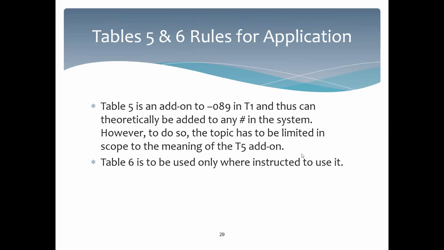Table 5 is an add-on to the 089 category of Table 1, and theoretically it can be added to any number in the system. However, to do so, the topic has to be limited in scope to the meaning of this table. And then Table 6 is only to be used where instructed.